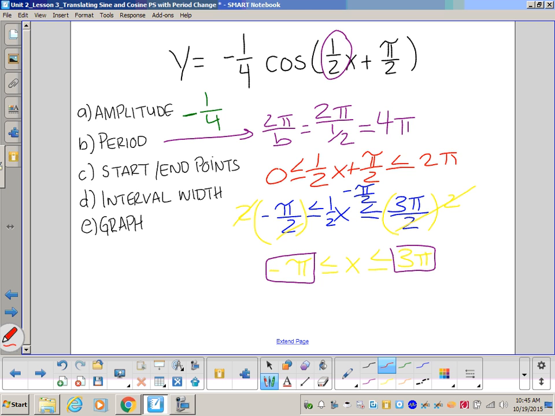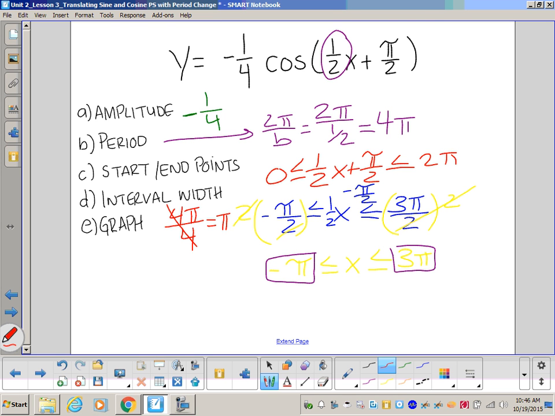So I'll take the period and divide by 4. So we're still dividing by 4 equal intervals. That gives us pi. So starting at negative pi, to get to the next point, we add pi. That'll be our next x value. Then we'll add pi until we get to 3 pi.